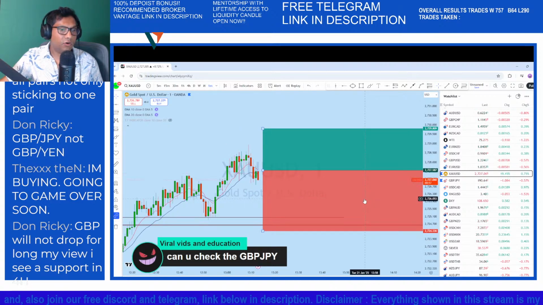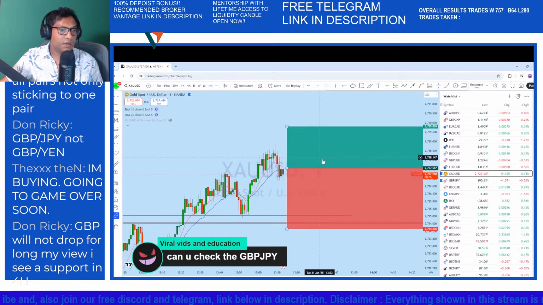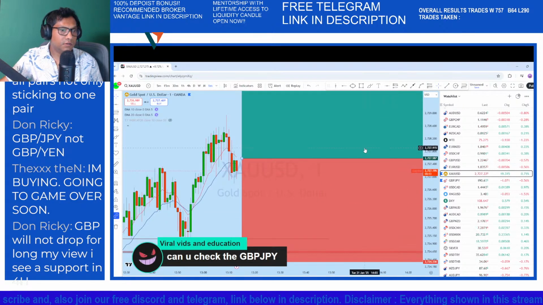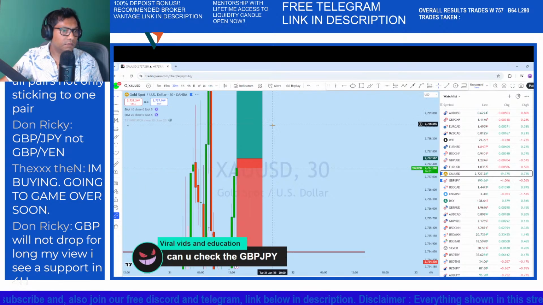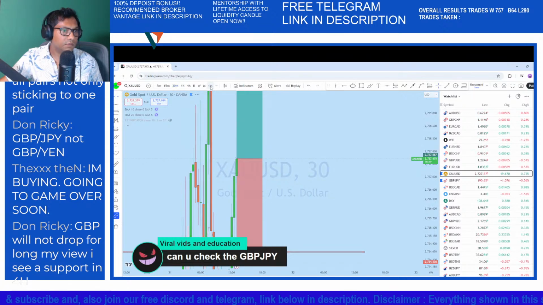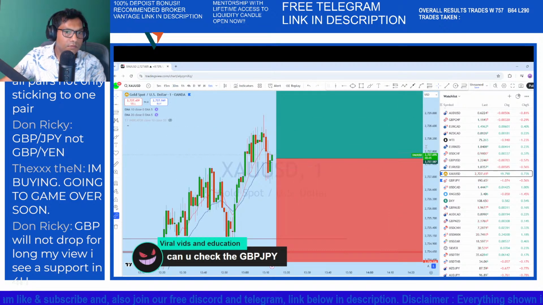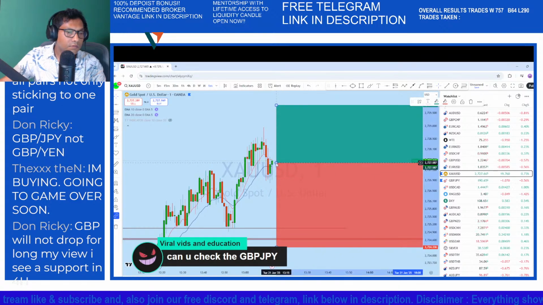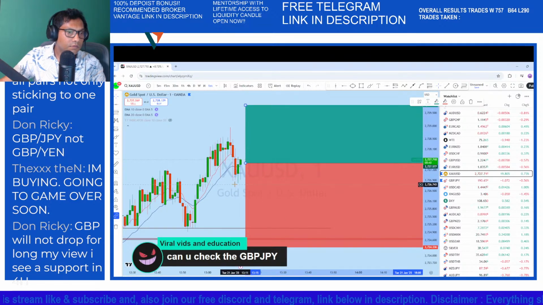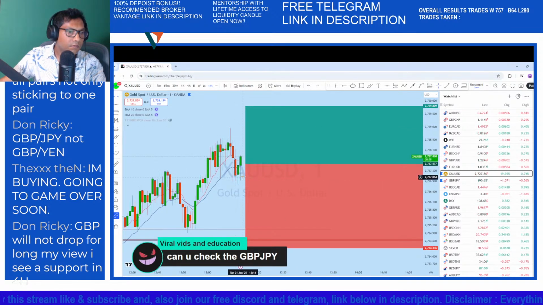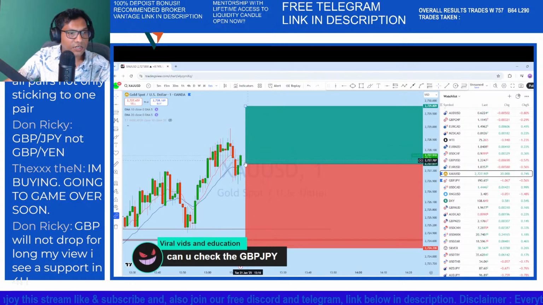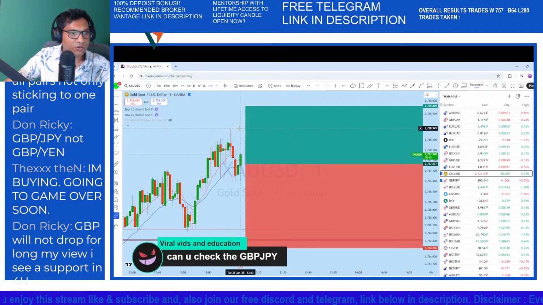It's another candle formation on the lower time frame, and expecting it to bounce back up to create a new higher high.